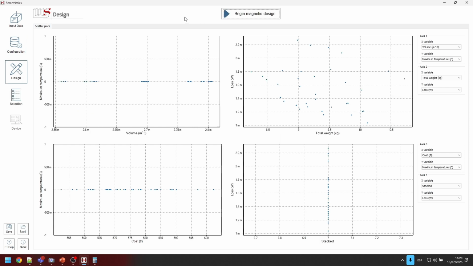By pressing it, you can see all those combinations that will provide a doable device, and it's automatically sorted by variables that are usually interesting when designing a transformer. In this case, for example, we have the maximum temperature in here, but since I deactivated the calculation, they all have the same value. So I'm going to use something that is more interesting for us.